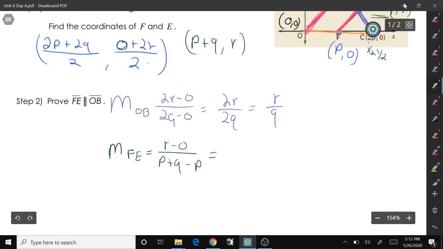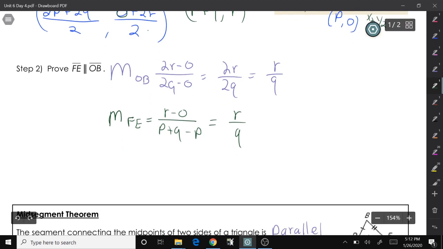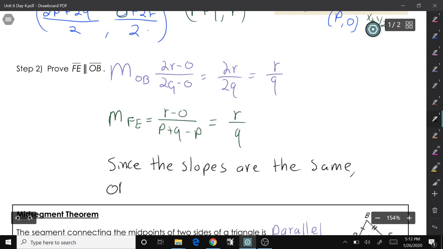And that's going to equal r over, well, p minus p is 0, so r over q. So these two lines have the same slope. That means they are parallel. You need to say that down here. Since these slopes are the same, OB is parallel to FE.